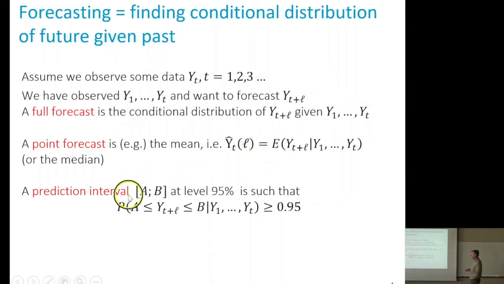A prediction interval is a definition we've already seen. A prediction interval, a b, is something that depends on y1 to yt, so it's a function of all the data we have observed, such that the probability that the next point we want to forecast is between those bounds, given what we have observed, is at least some confidence level, typically 95%.